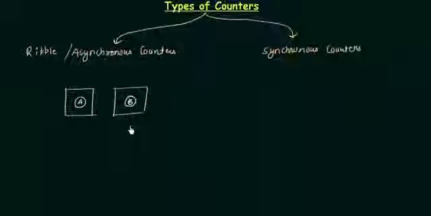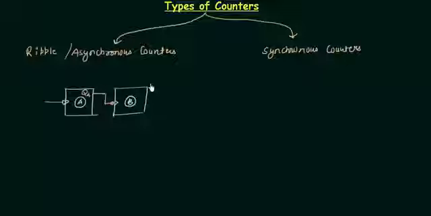So I just told you that for these counters the external clock signal is applied to one flip-flop. So let's make the external clock signal applied to the A flip-flop, and the output of the preceding flip-flop is connected to the clock of the next flip-flop. The output of this first flip-flop, let's say it is QA, is connected to the clock of the next flip-flop.